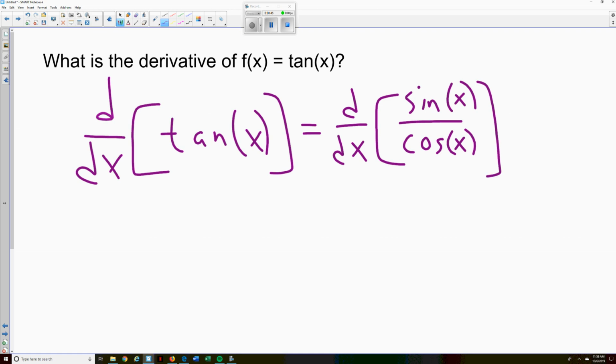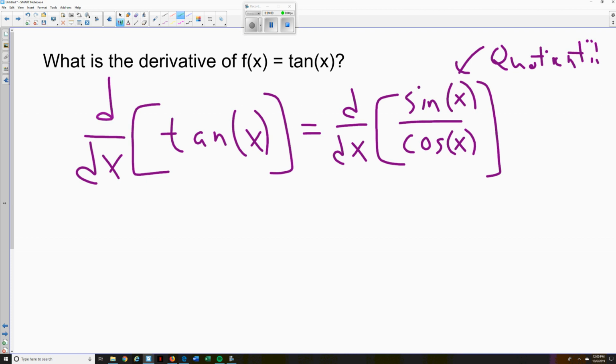Okay, and now notice what we have. This is a quotient. Oh boy, that's a quotient. So what we're going to do is use the quotient rule.